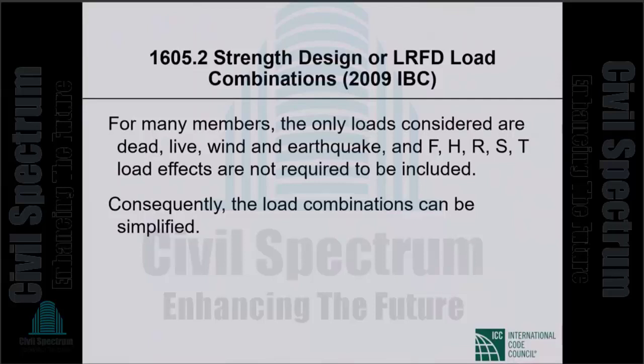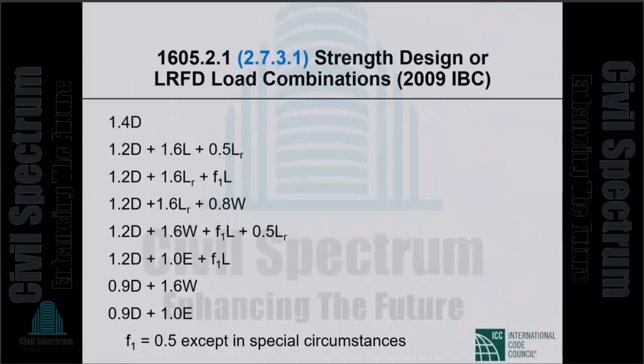For many members, the only loads considered are dead, live, wind, and earthquake. The F, H, R, S, T go away, and then the load combinations get reduced to what you see in this picture. The F sub 1 load factor on the live load is an IBC creation.